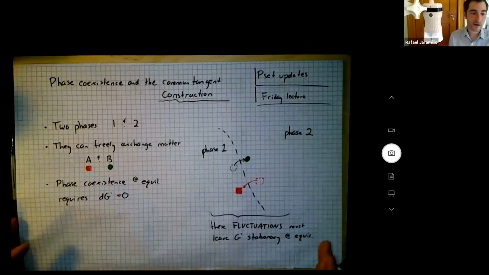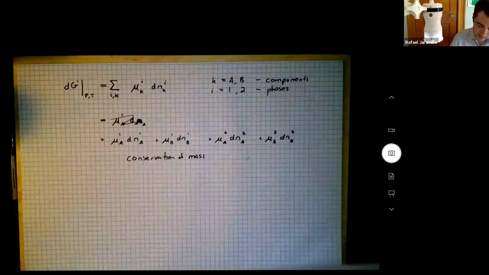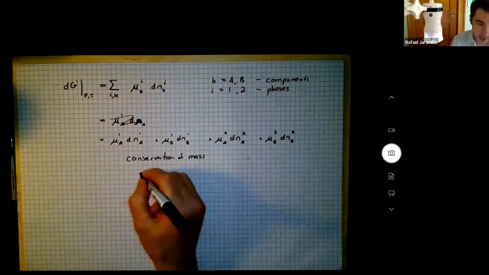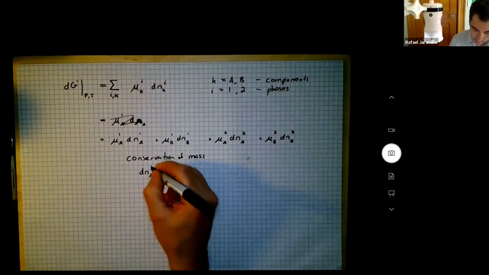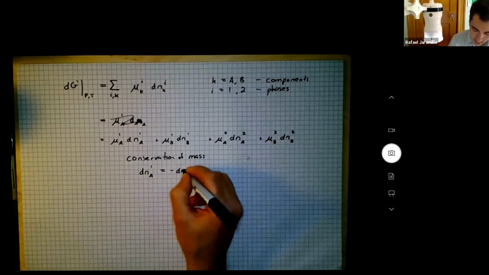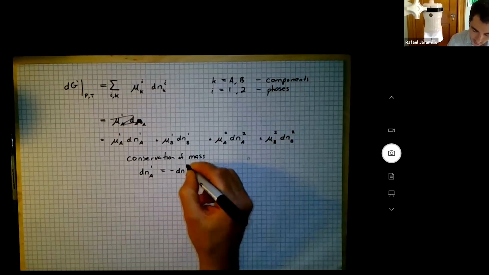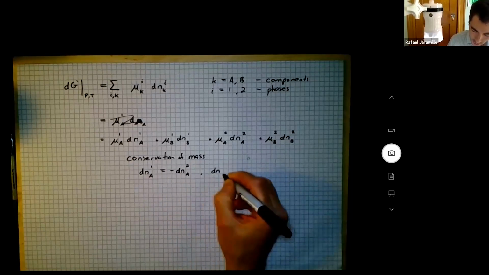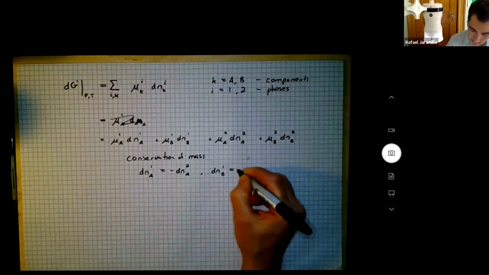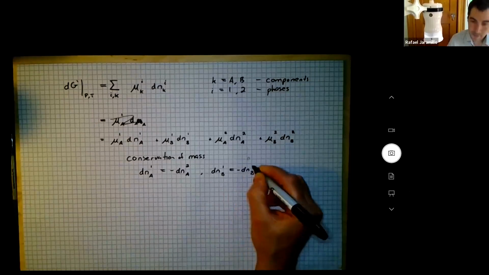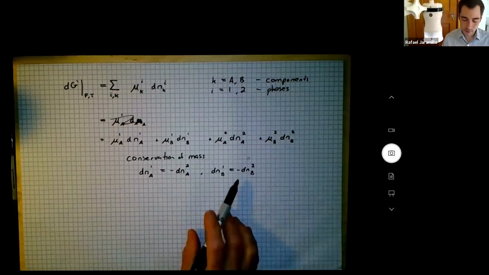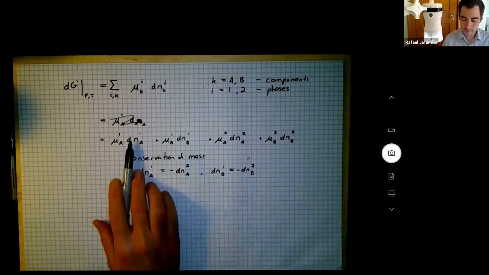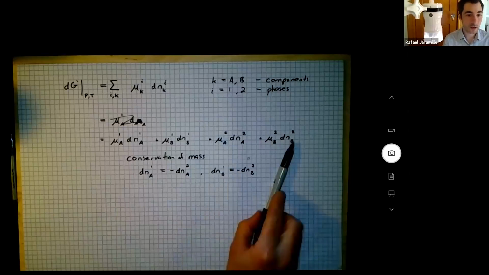So conservation of mass tells me that dN A1 equals minus dN A2 and dN B1 equals minus dN B2. Okay, so it's two equations, and so we're going to reduce our number of independent variables from 4 to 2.